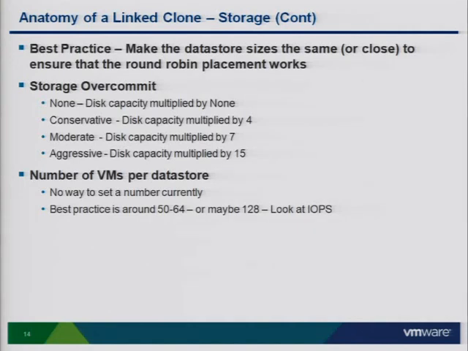But over time, the link clone grows as users make changes and do things. So we set that conservative to aggressive amount of overcommit based on how large we think they're going to grow.